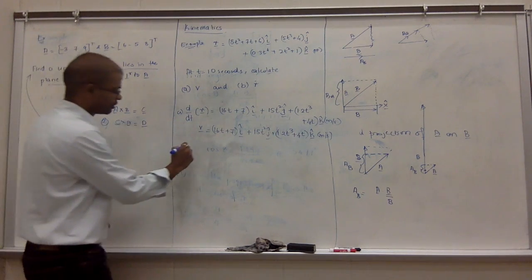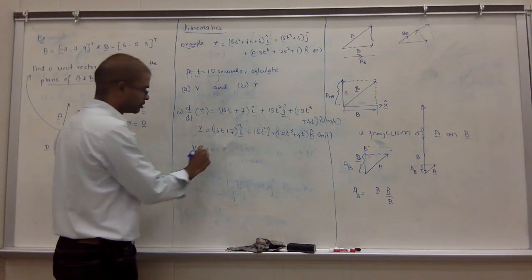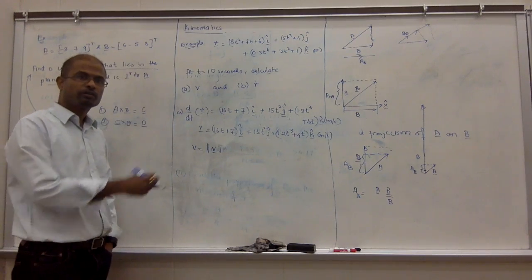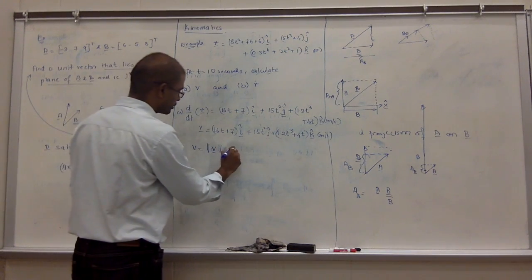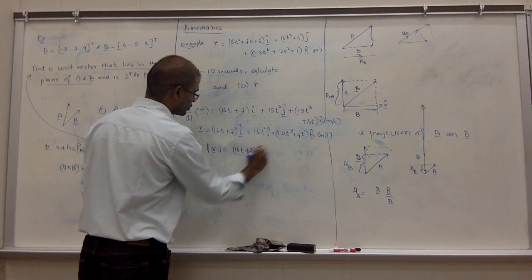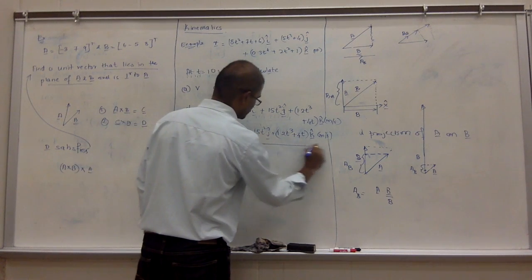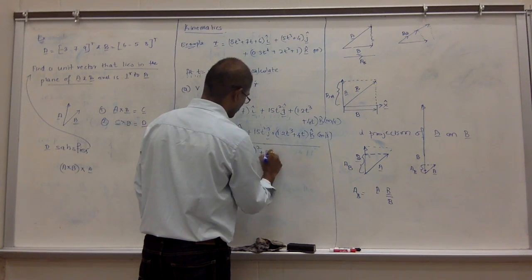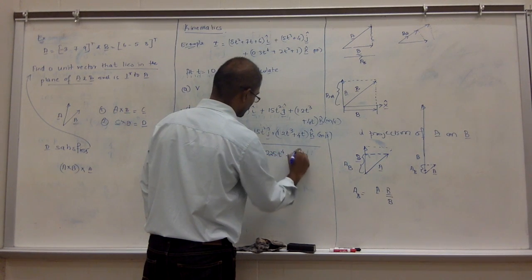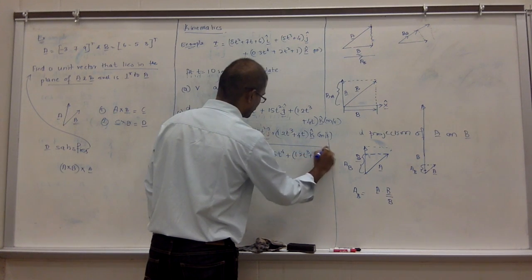Now what is V? V is the magnitude of the vector V. So this is the square root of (16t plus 7) squared plus 225 t to the power of 4 plus (1.2 t cube plus 4t square).